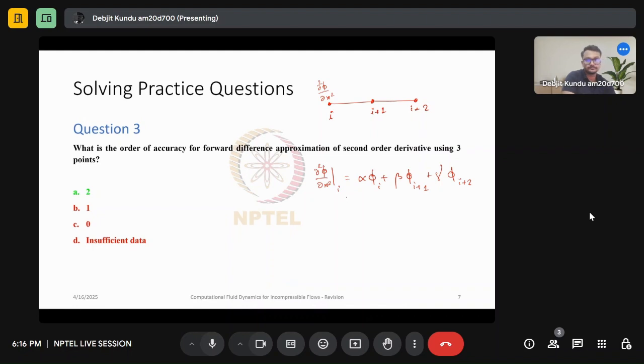But while doing that, if you're using only 3 points, you have to leave out higher order terms of order delta x squared, meaning that the order of accuracy would be 2. Now, instead of 3 points, had you used 4, your order of accuracy would have been 1 extra. It would have been 3. So if you had used 5 points, it would be 4, and so on.